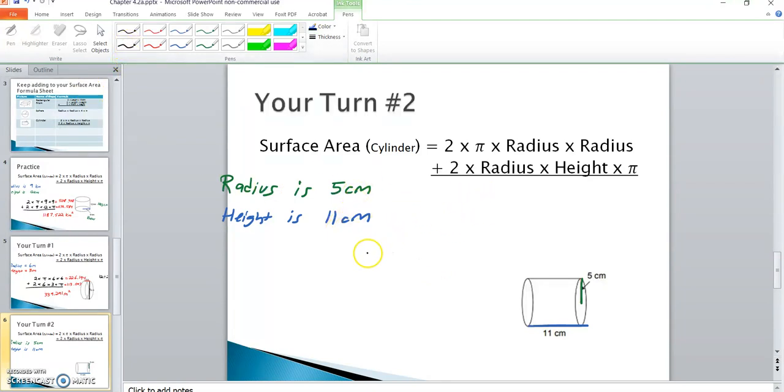Okay, so we're going to fill in our formula, and I would like you to fill in the formula and finish the problem off. So go ahead and pause the video and do so. Alright, so you should have 2 times pi times 5 times 5, and 2 times 5 times 11 times pi.